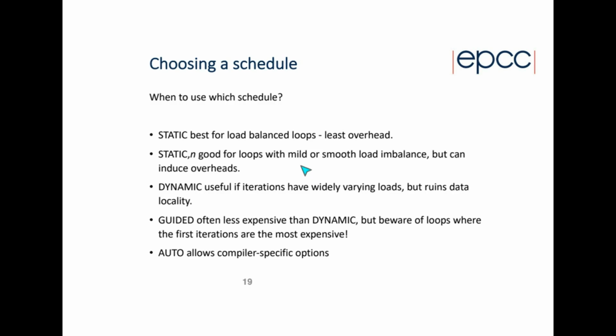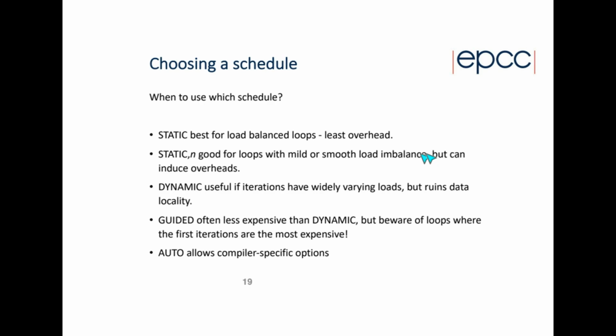It's quite common to have, say, a triangular loop nest where the number of iterations of the inner loop is proportional to the outer loop index. So the amount of work is essentially a linear function of the loop index, and in cases like that, static with a chunk size can be a good option.